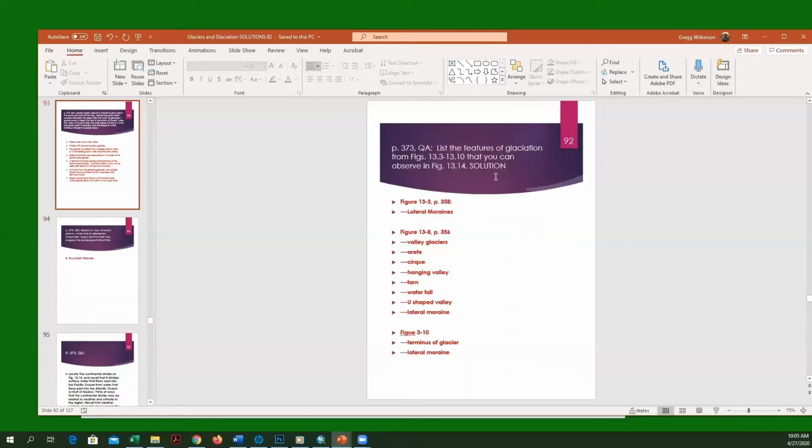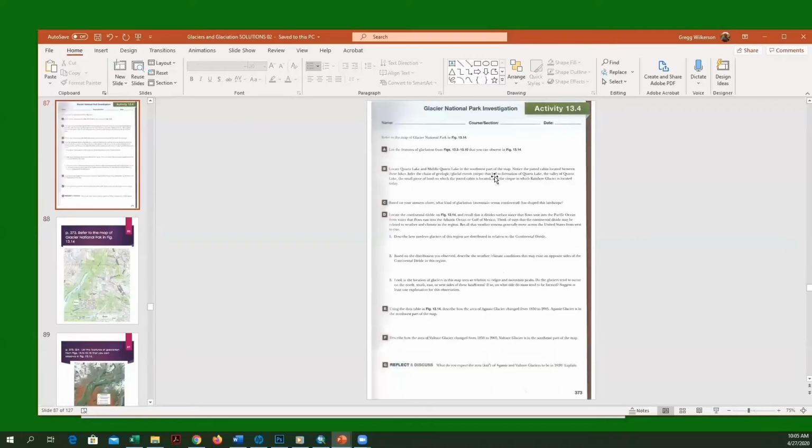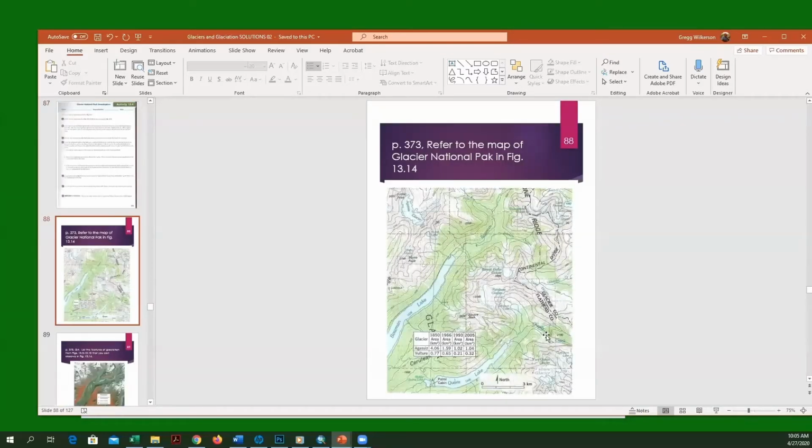So you have to go back to this map here and see down here in the lower part of the map on this Quartz Lake. So you got this lake, you got this little bit of land there. What is that thing?